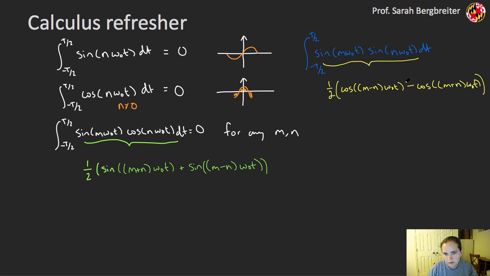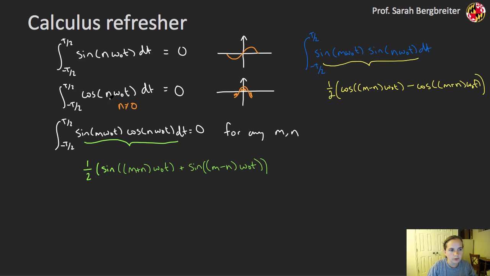So in this case, here's the trig identity that matches up with these two sines. I get an m minus n omega naught in one of these cosines and an m plus n omega naught as a frequency in another cosine. And I can see here that if m is not equal to n, or m is not equal to negative n, and I really only care about the positives for my Fourier series coefficients, if those are true, then these will be non-zero.